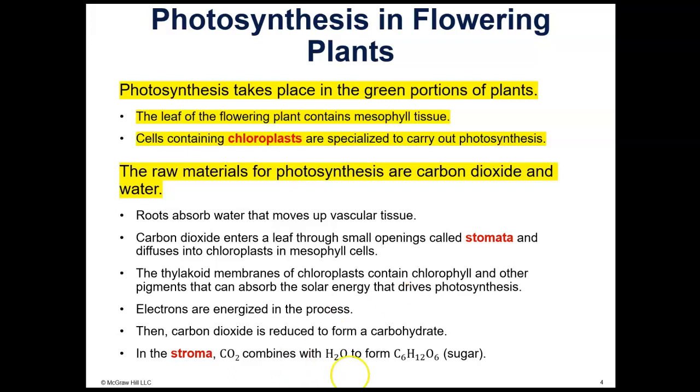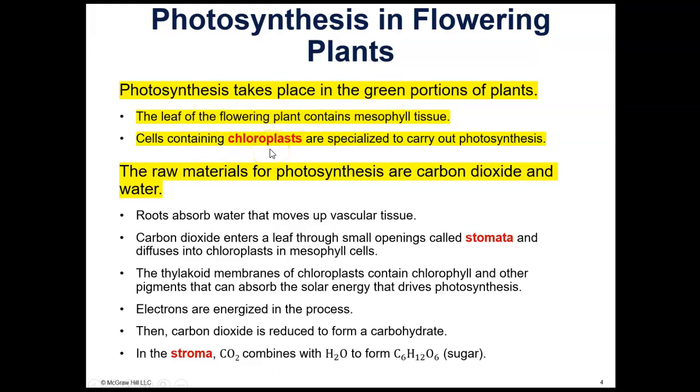All right, so where in the plant does photosynthesis take place? It takes place basically anywhere in the plant that is green, which is going to be the leaves and sometimes part of the stem. The tissue where photosynthesis takes place in a leaf is called mesophyll tissue, and the organelle in eukaryotic organisms like plants and algae that carries out photosynthesis is called a chloroplast.